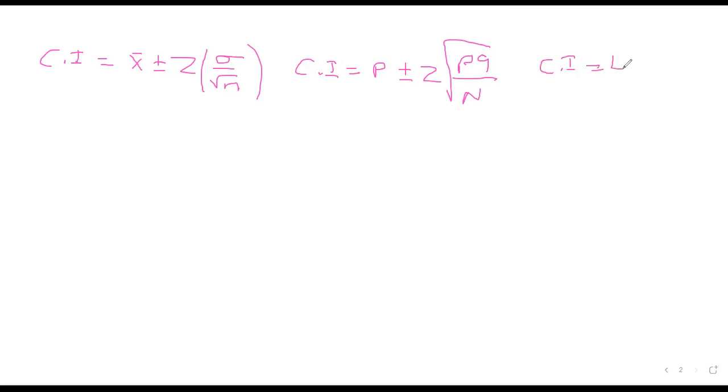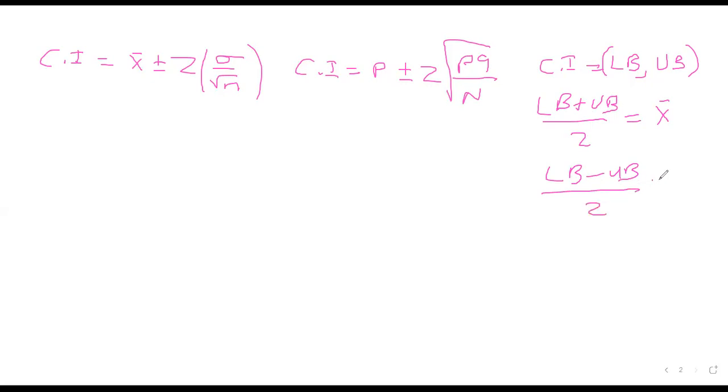You have the lower bound, then you go to the upper bound. Don't start with the upper bound. When you add the lower bound and the upper bound and divide by 2, you get what is called the mean. But when you subtract the lower bound from the upper bound and divide by 2, you get what we call the error. Then you can also find a sample size.